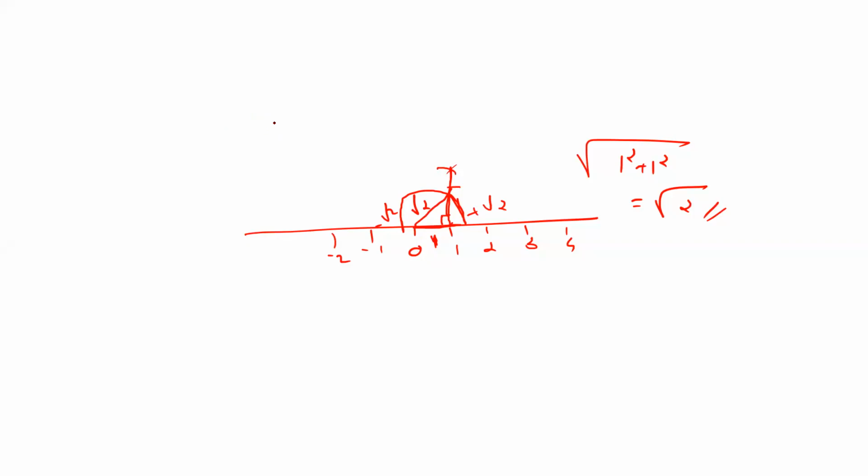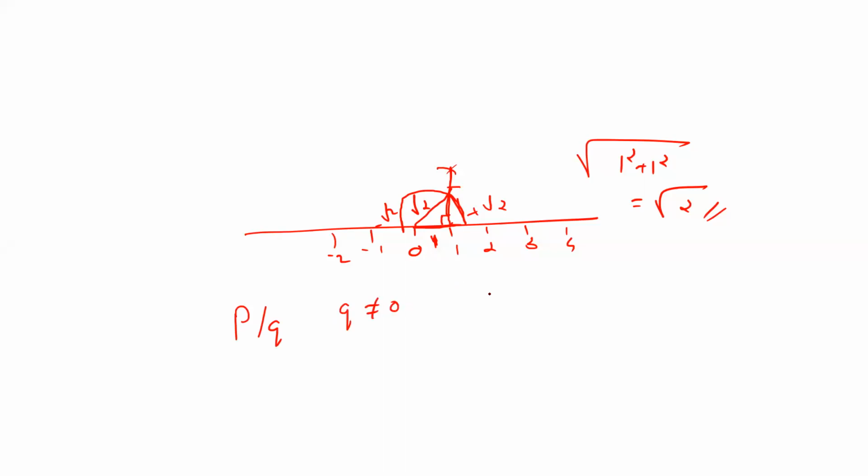Now what we discussed here is what a rational number is. A rational number is of the form p by q, where p and q are integers and q is not equal to 0.